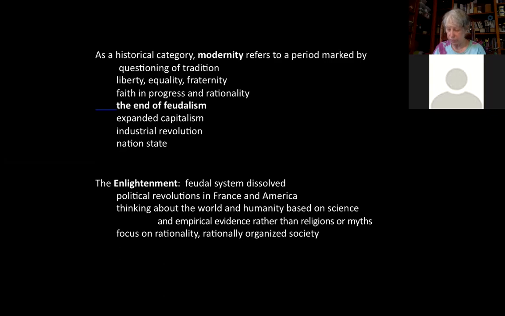A feudal society is one that's governed by a sort of hierarchy, where at the top you have a king, and then underneath the king are people like bishops and popes.